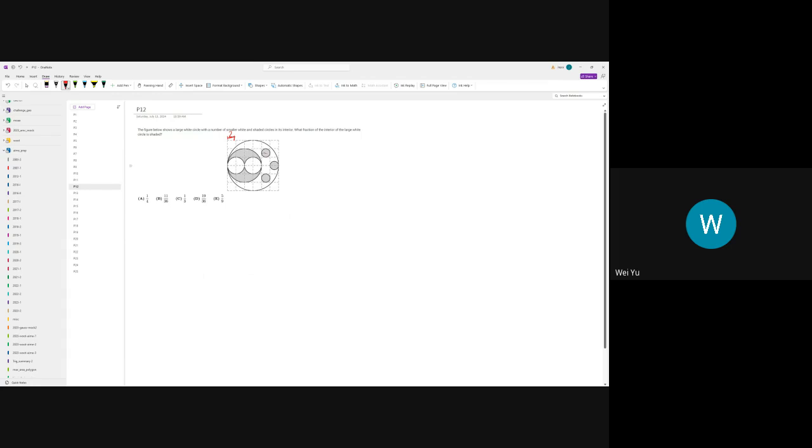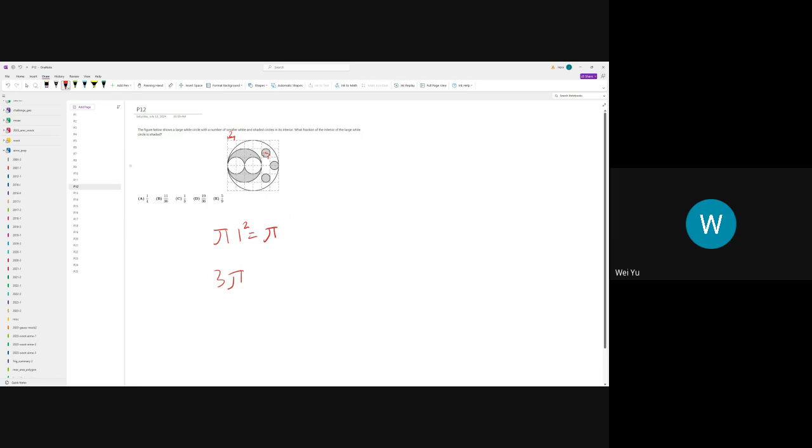So then if this is 2, then both of these are equal to 1. So the area is pi 1 squared equals pi. All of these also have radius 1, so that's a total of 3 pi so far.